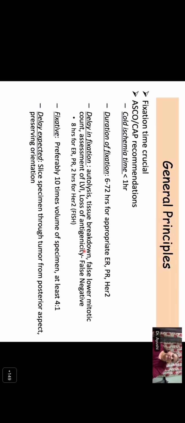So general principles of grossing remain the same as in the rest of the body. However, there are certain ASCO-CAP recommendations, because the pathologist has a duty not only to report on the extent of the tumor, but also biomarkers, which are important prognostic and predictive markers. The cold ischemia time should be less than 1 hour. That is the time between when the tissue is taken out of the body to the time it is put in formalin.